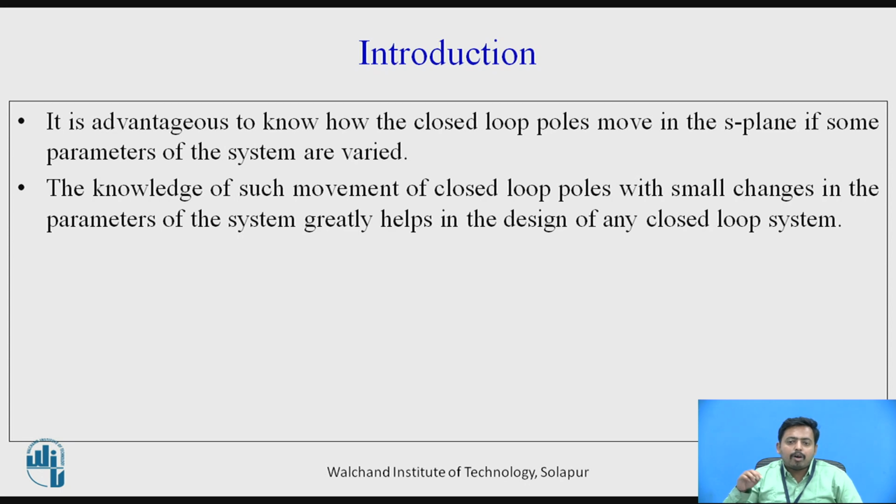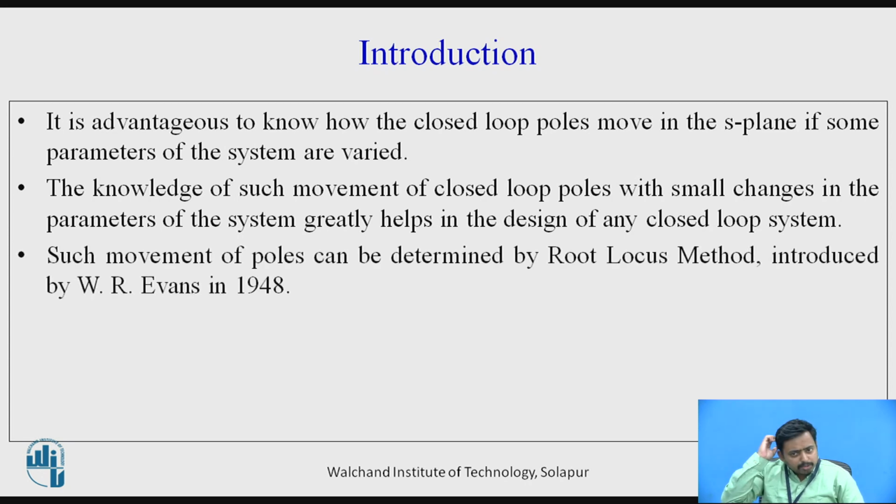Once we know how these closed loop poles move, we can understand the stability of the system, in which area it is stable and in which area it is unstable. Such movement of poles can be determined by the root locus method.